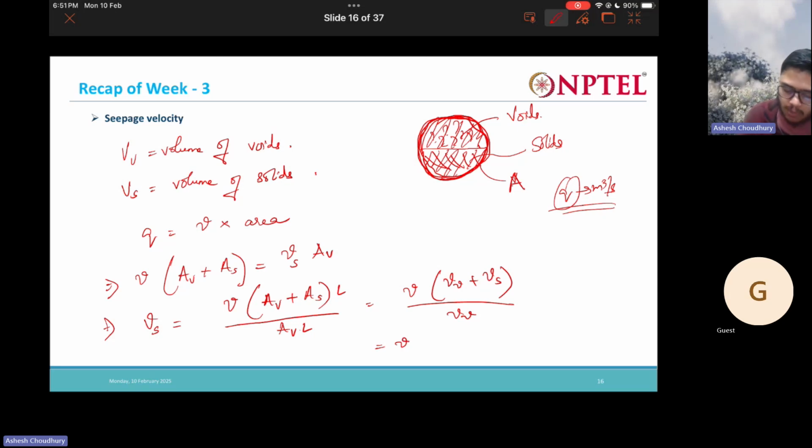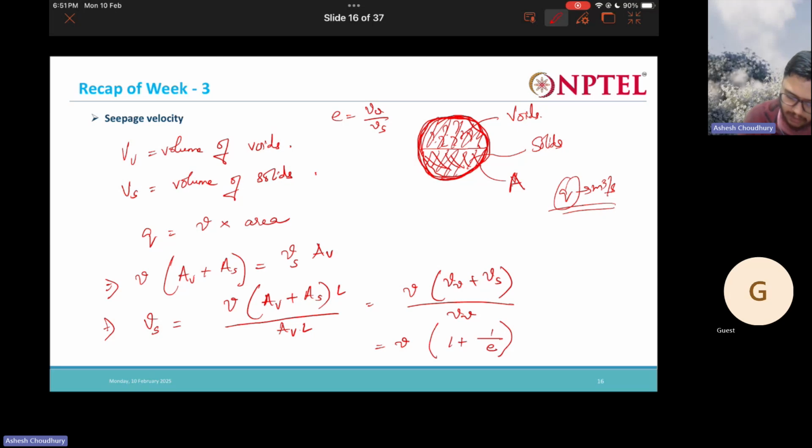Vs by Vv is what? Now what is void ratio? Void ratio is Vv by Vs, right? But here we have Vs by Vv, so 1 by e. So I get V into (1 plus 1 by e).